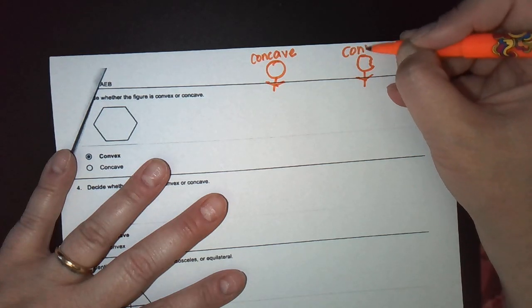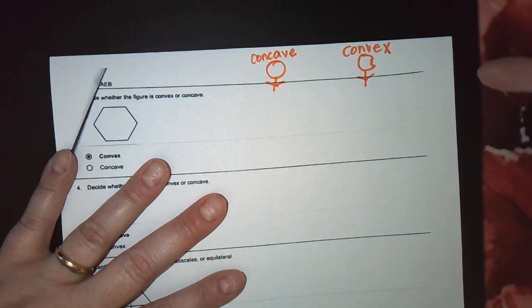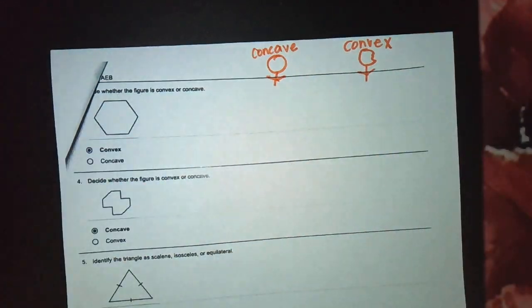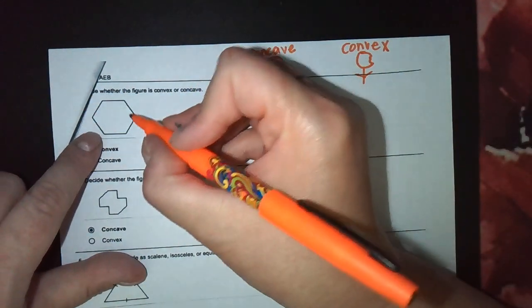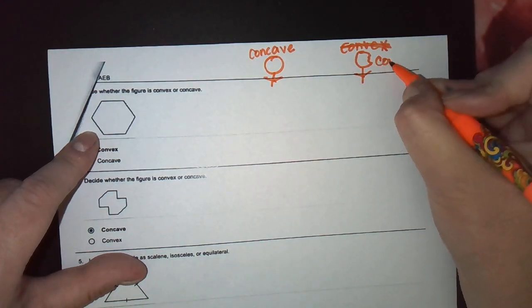That means convex. So when you can take a side and you push it in, it means convex. I mean concave. I had those backwards.